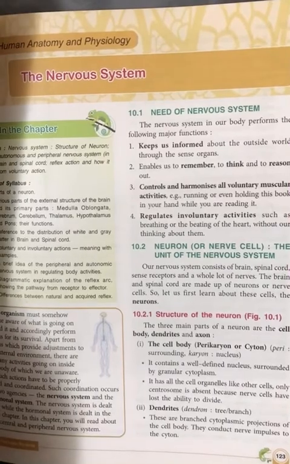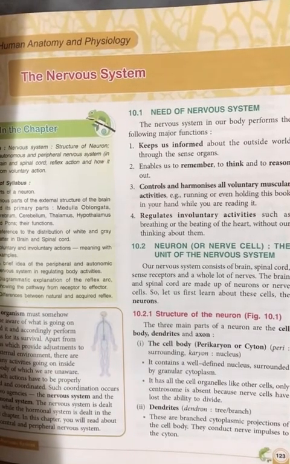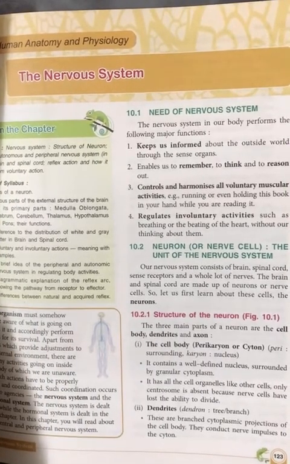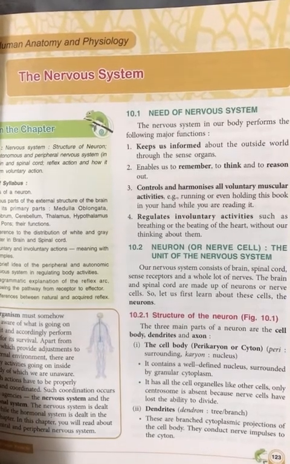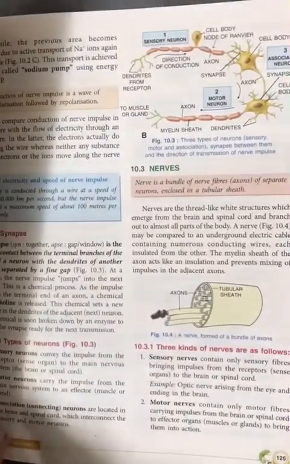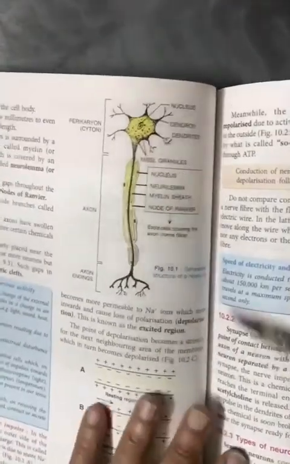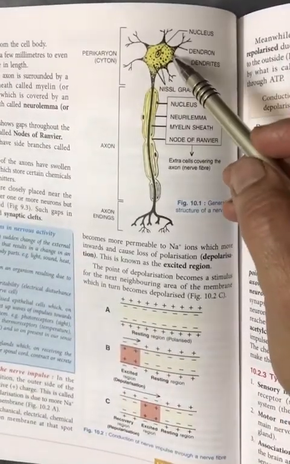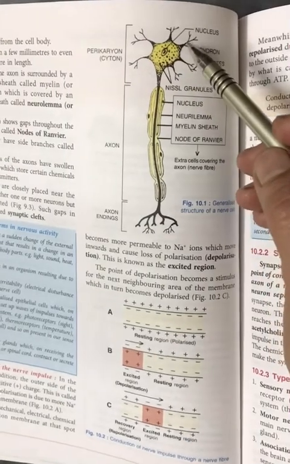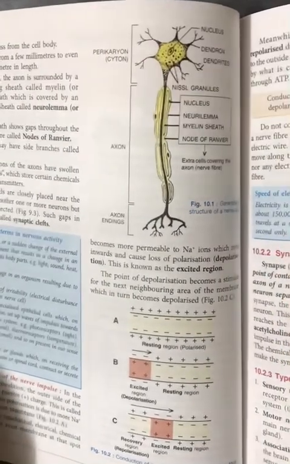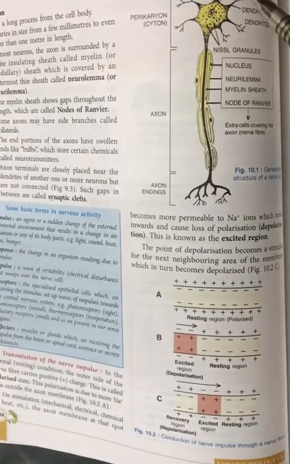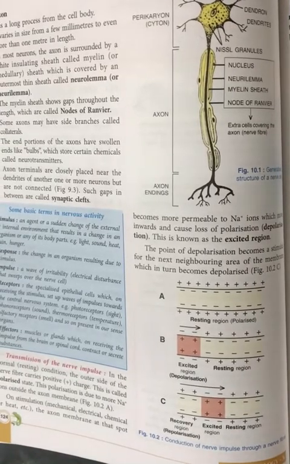Then dendrites, these are branched cytoplasmic projections of the nerve cell body, and they conduct impulses to the cyton.